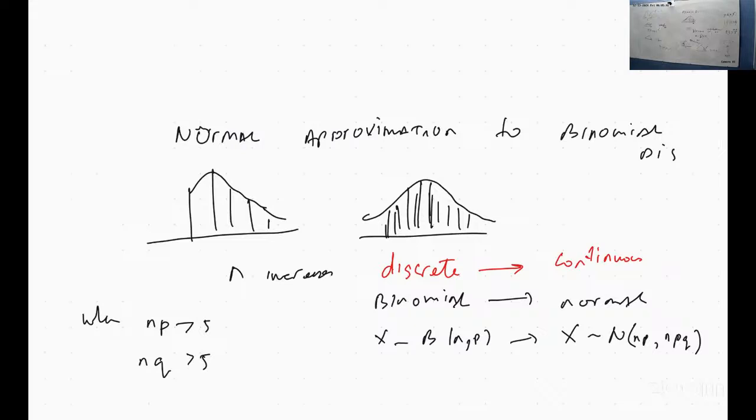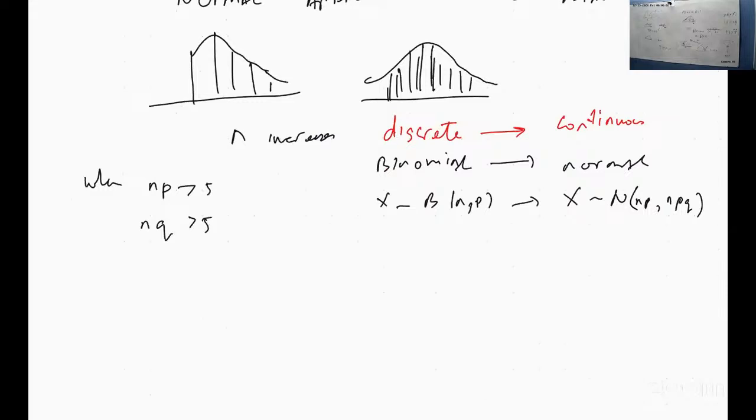Right, so here's the problem. The problem is when you go from a discrete to a continuous. Let's say we had the probability of x is more than 5.